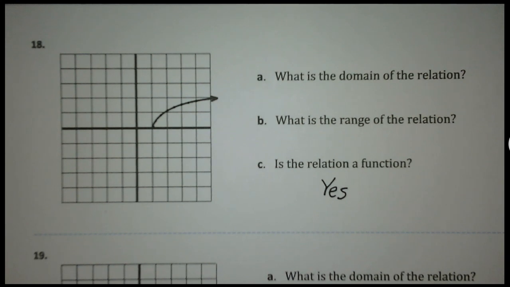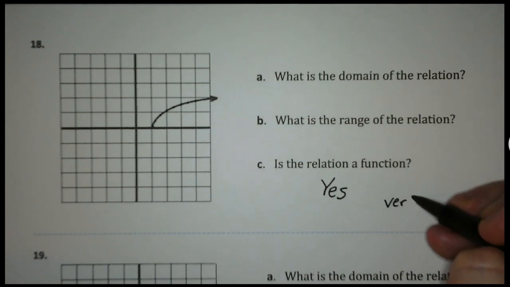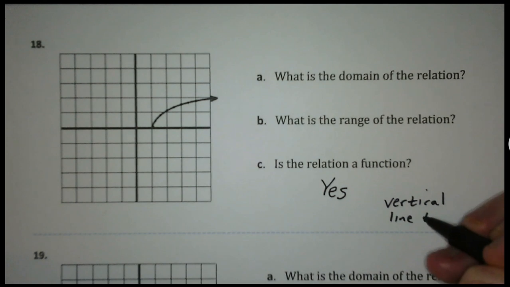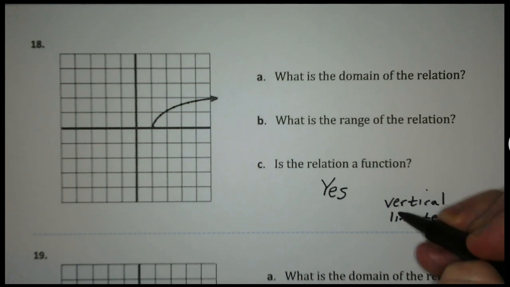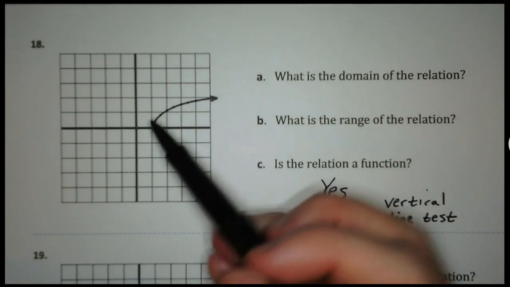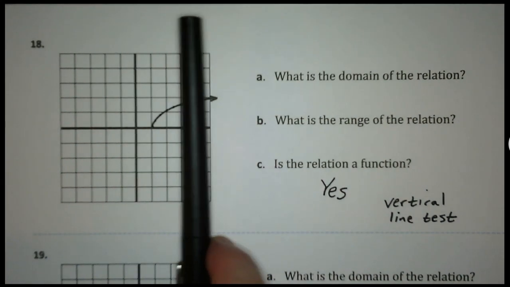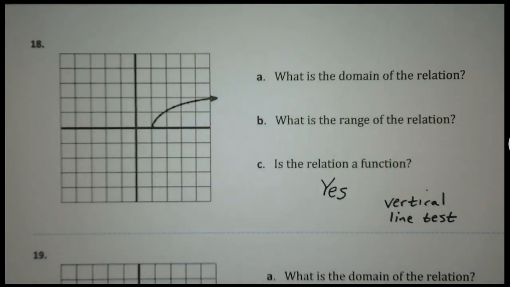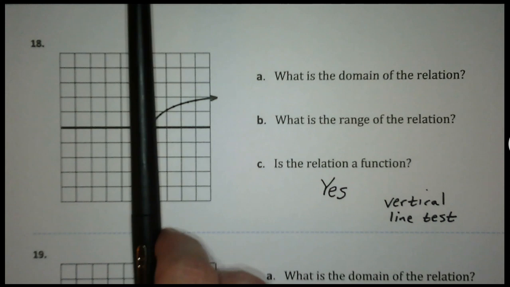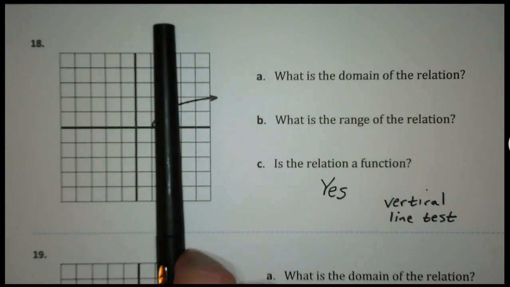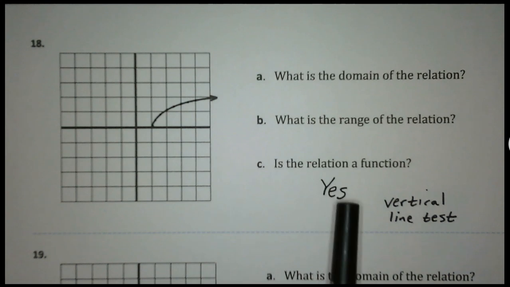A very easy way to determine this, a shortcut, a trick, is what's called the vertical line test. Which means if you can draw a vertical line anywhere on your graph, and that vertical line can only hit the graph once, it passes the test.